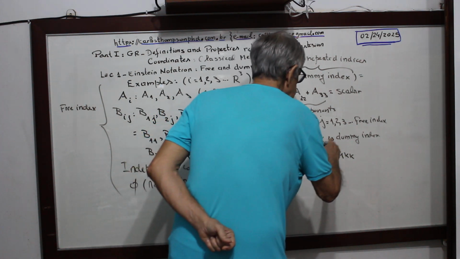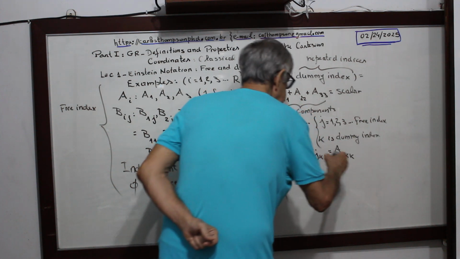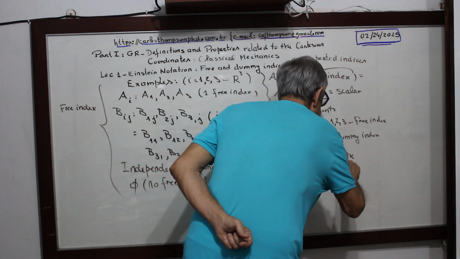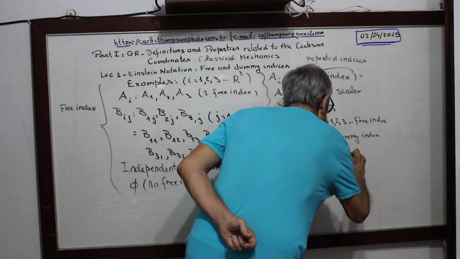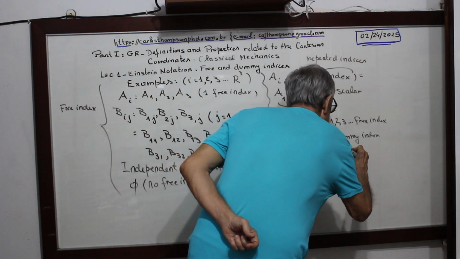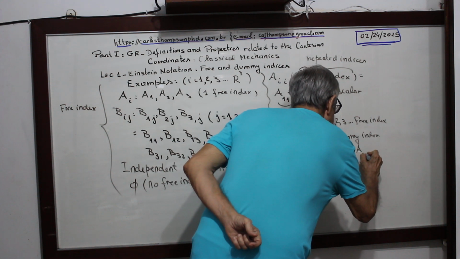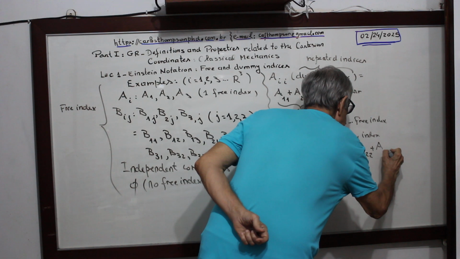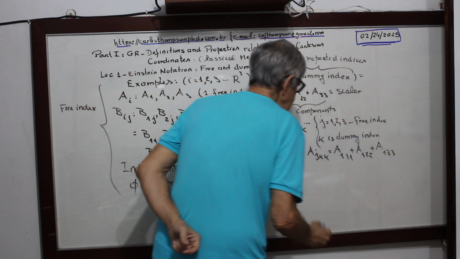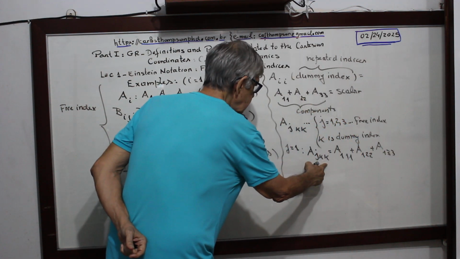This is a free index. Then I sum like this. j equal 1, I have A_111 plus A_122 plus A_133. You see, j is equal 1.